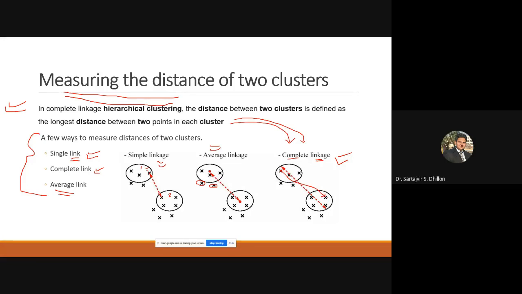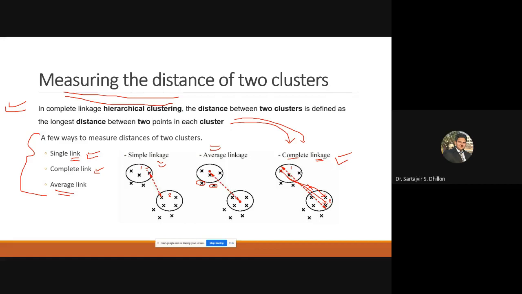Not this one, this one is too far. So this data point and this data point: this one is the first cluster and this one is the second cluster, and this x belongs to the second cluster and this x belongs to the first cluster.